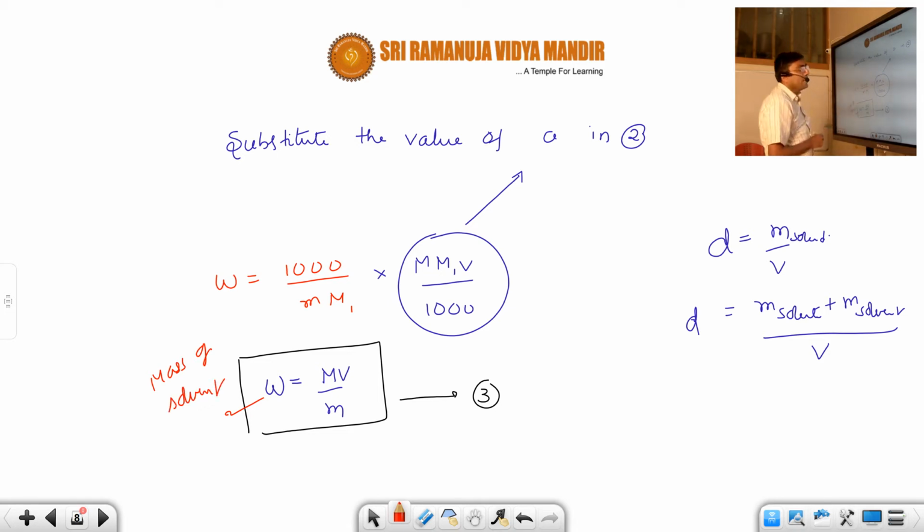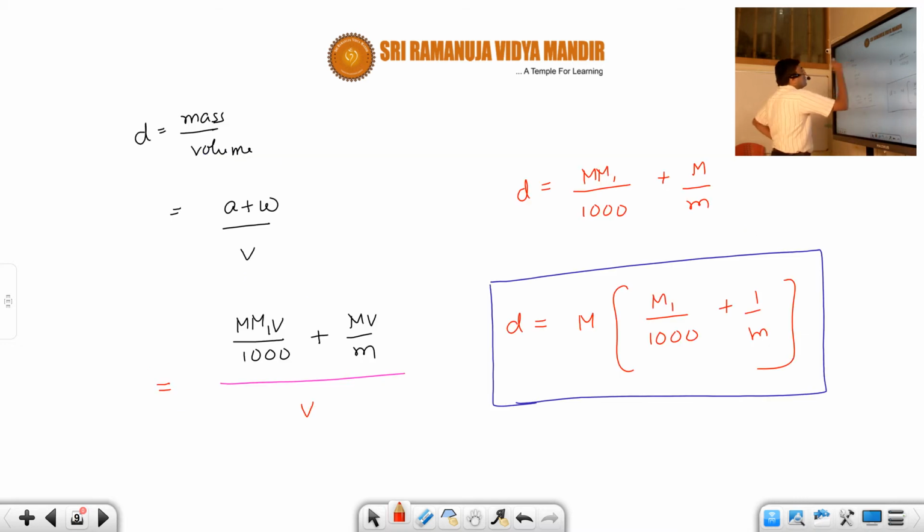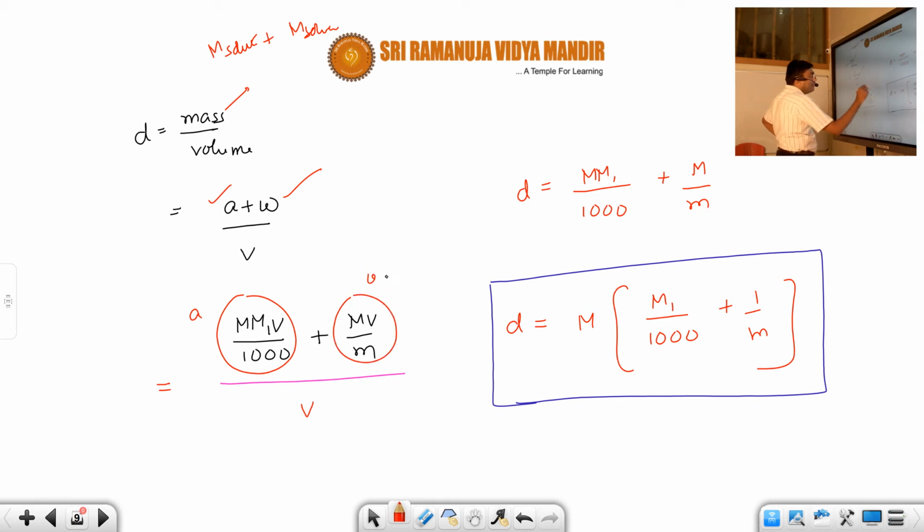Now students, I already conveyed to you density is equal to mass by volume. So this mass is equal to what? The mass of the solute, that is A, plus the mass of the solvent. What is the mass of the solvent? W, capital W, by V. Now you already calculated this A value, this W value, this from the first equation, this from the third equation. You substitute here.